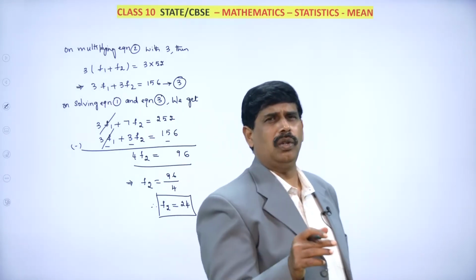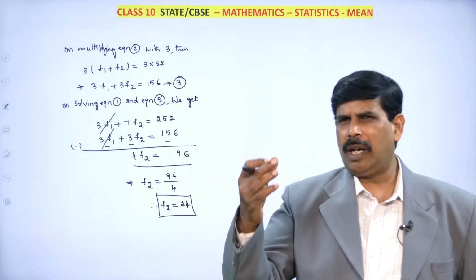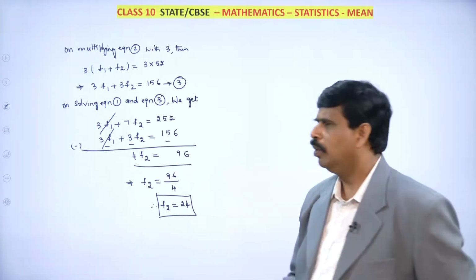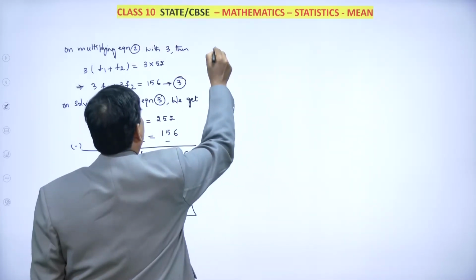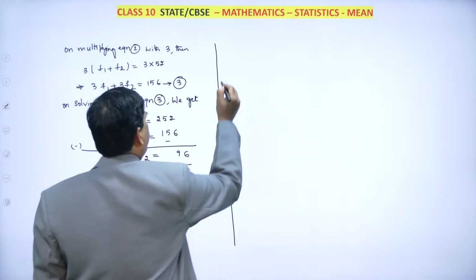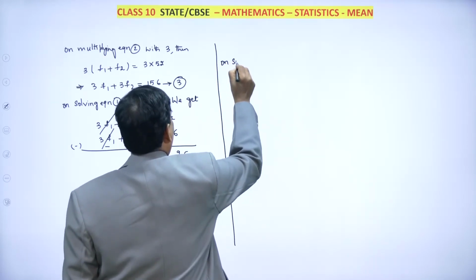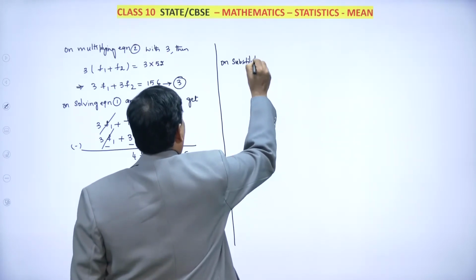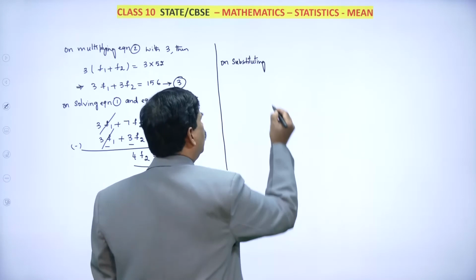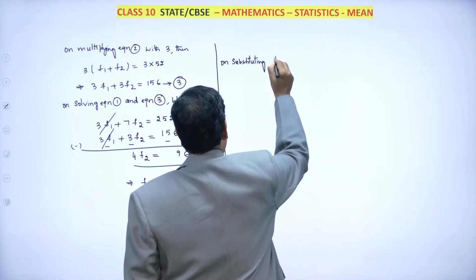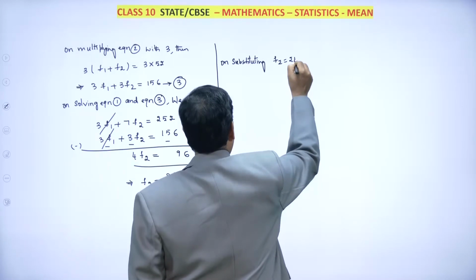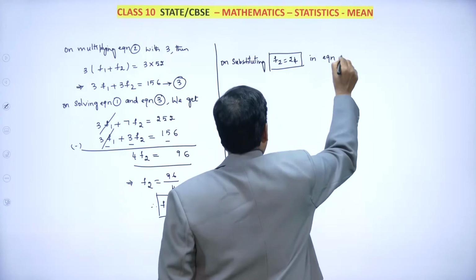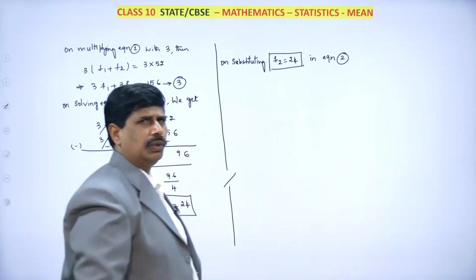So now we have the value of f2 with us. So now substitute this value either in equation 1 or 2 or 3. Better go with 2. So on substituting f2 is equal to 24 in equation 2. What is your equation 2, children?